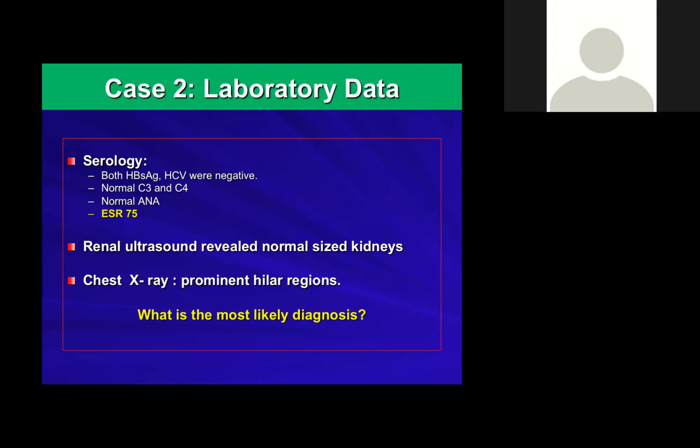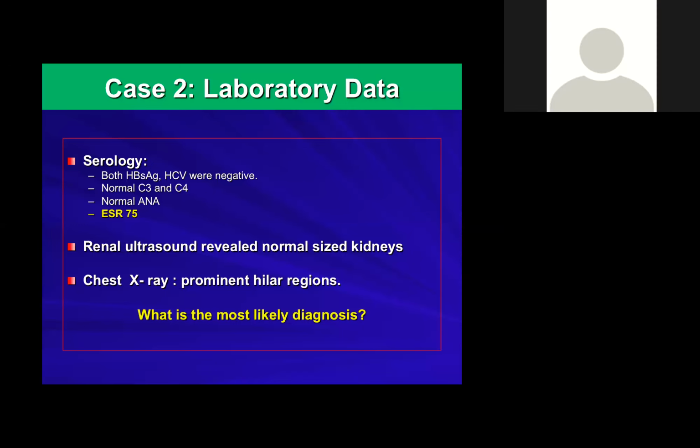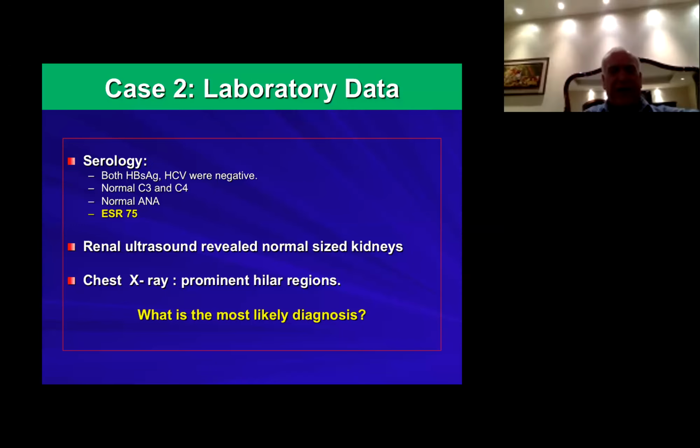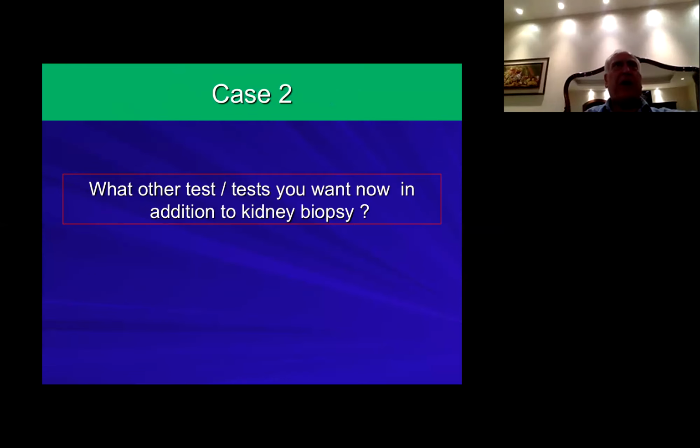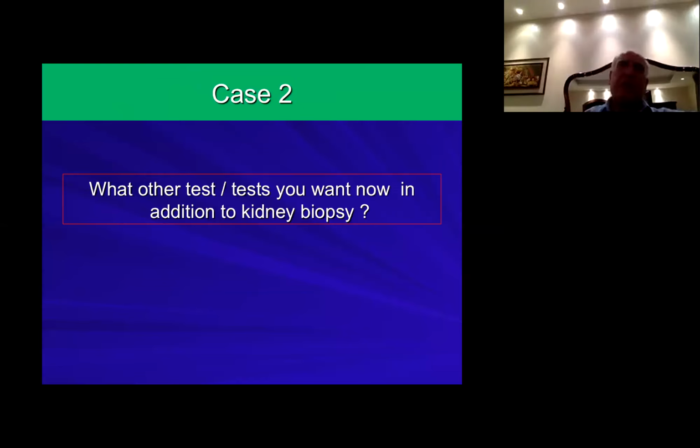Sarcoid. I think we are in agreement. Yes, sir. So far, I put this just in between cases. Now, what other test do the young chaps want? Serum ACE level. That's what you want or what they want?